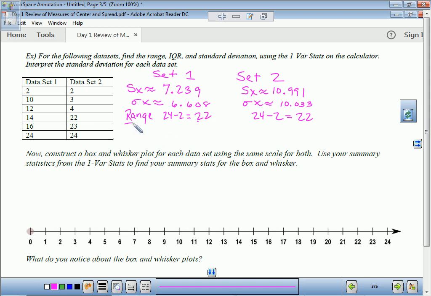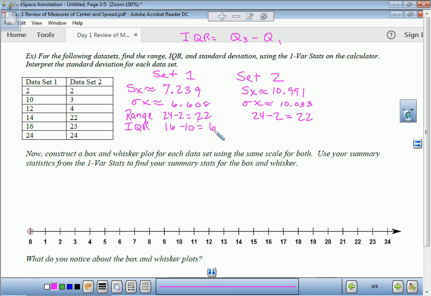The IQR, the interquartile range. Where the range didn't show me much, the interquartile range will. On data set 1, the IQR is Q3 minus Q1, the third quartile minus the first quartile. Those of you that did data set 1 will see that Q3 is 16 and Q1 is 10, so my IQR is 6.